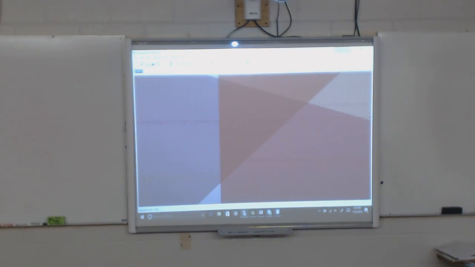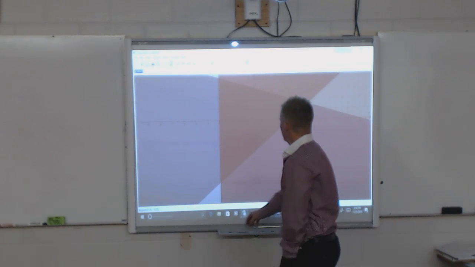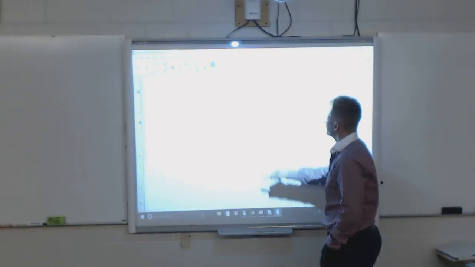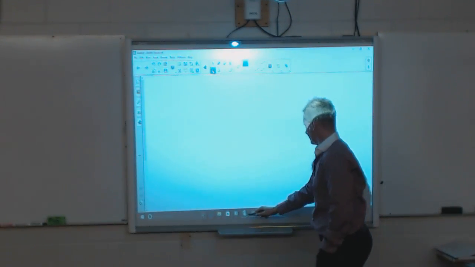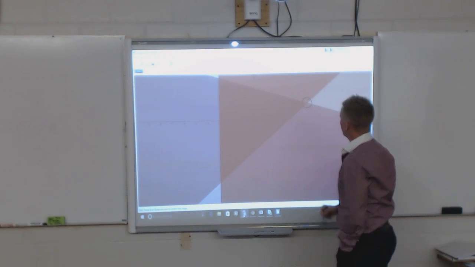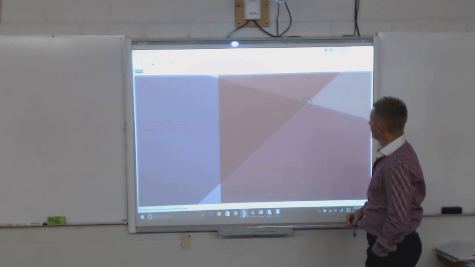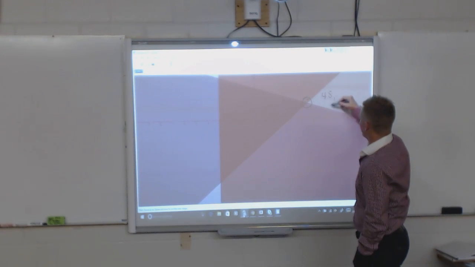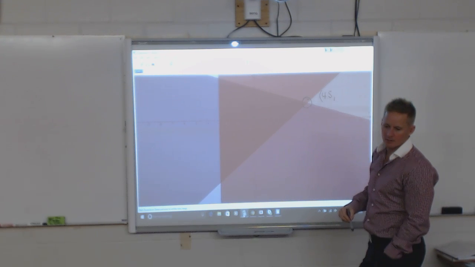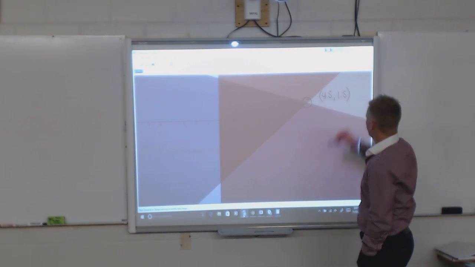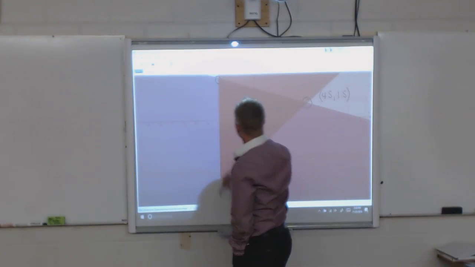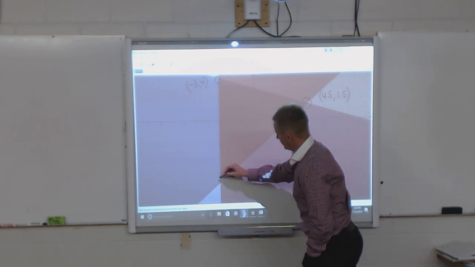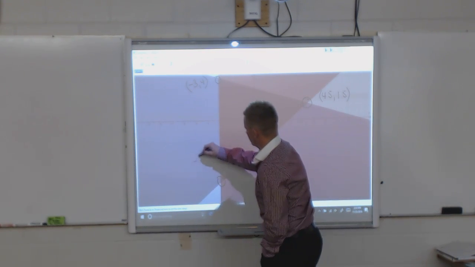Boundary number 1 is right there. What is that coordinate? Look in your book. 4.5 and 1.5. This one up here is negative 3 and 4. And this one down here is negative 3 and negative 6.